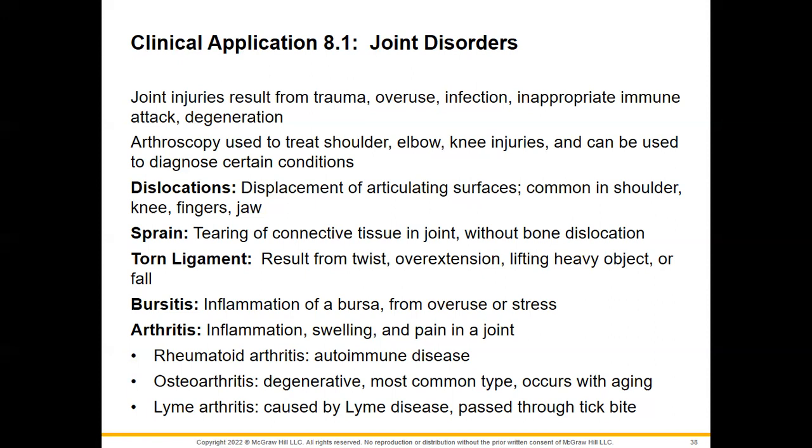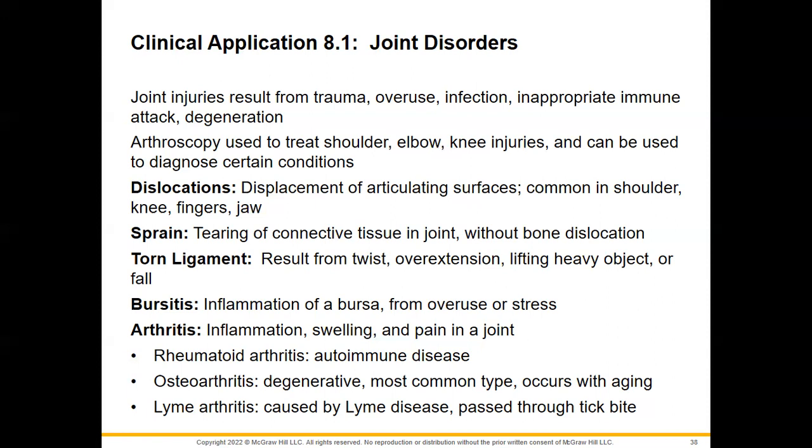A sprain is when you tear that connective tissue at the joint. It occurs without the bone being dislocated. So if your joint moves in an odd way, you roll your ankle, you pitch a ball too hard, you pull on somebody too hard, somebody pulls on you too hard, the ligaments that are connecting those bones can get pulled, but not so much that the bones come out of socket, but those ligaments can be stretched to the point where they tear.